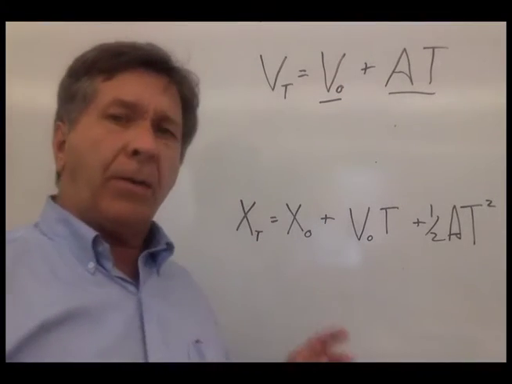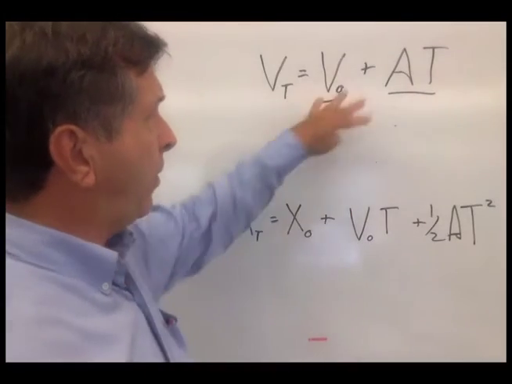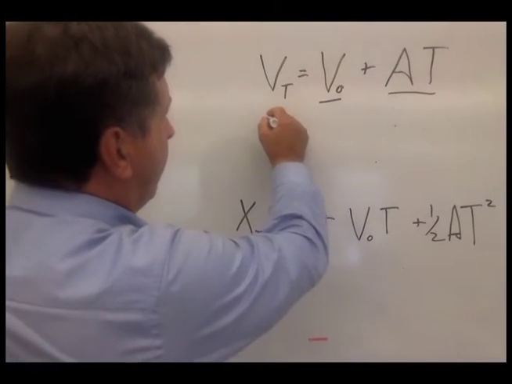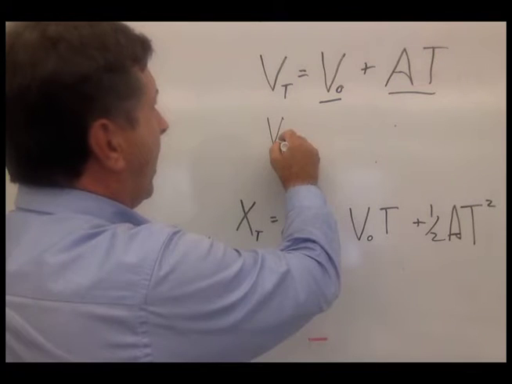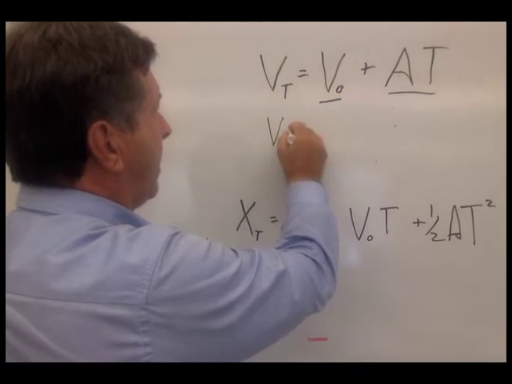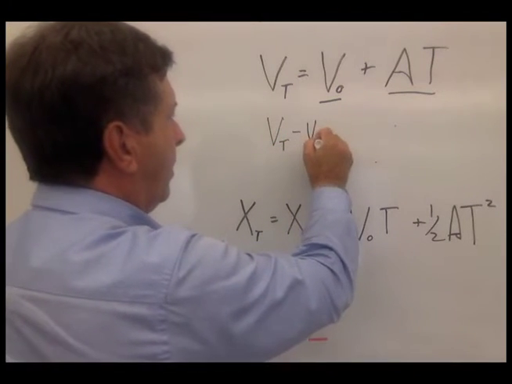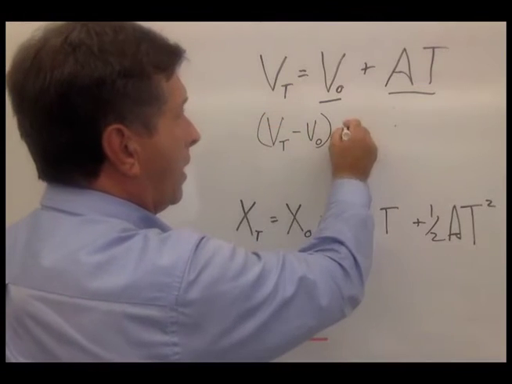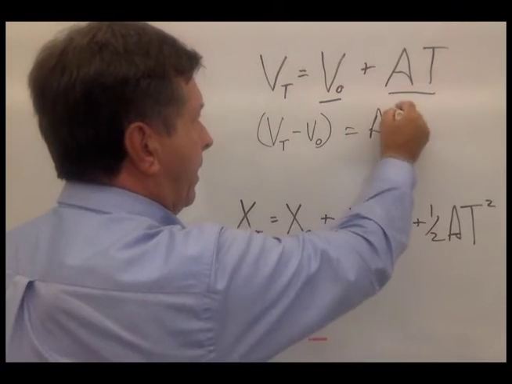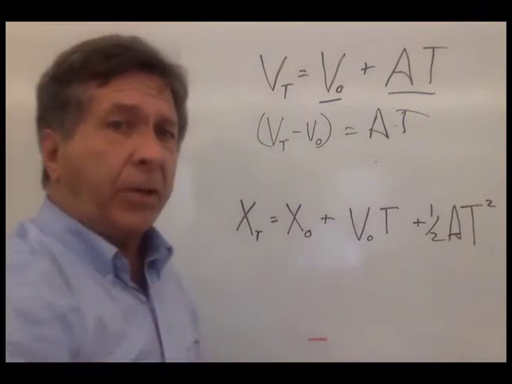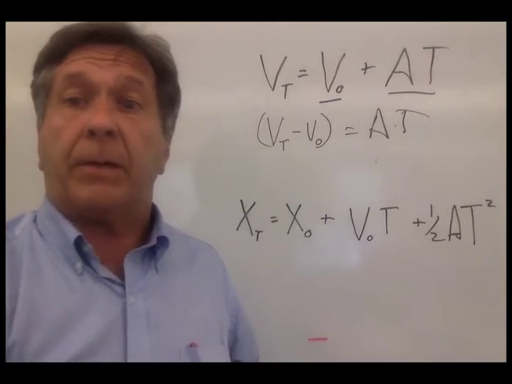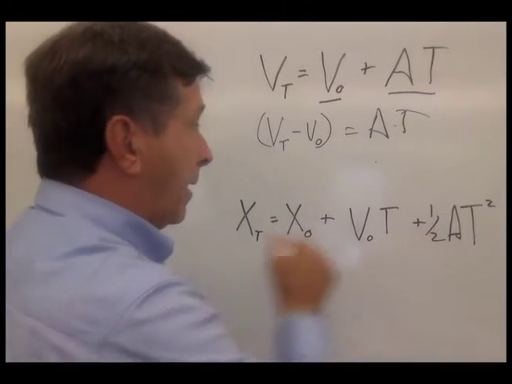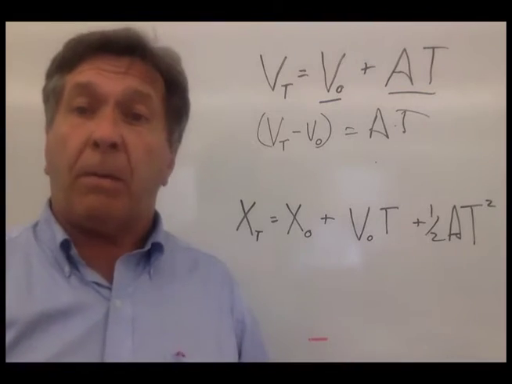Okay, so these formulas, if I just do a little bit of massaging, I could say velocity at time t minus velocity initial equals at. This is simply the change in my velocity is equal to acceleration times time. That's all we really need to think about.